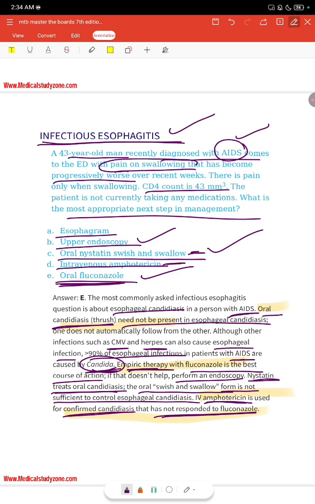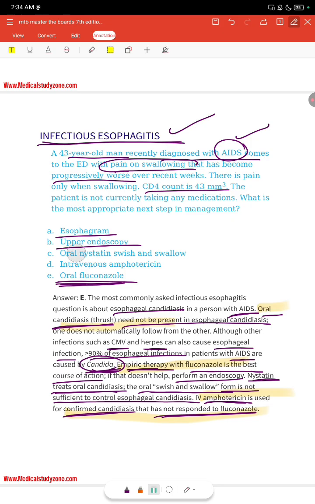Only then we will go for the option of intravenous amphotericin. So the right option we've got is oral fluconazole.